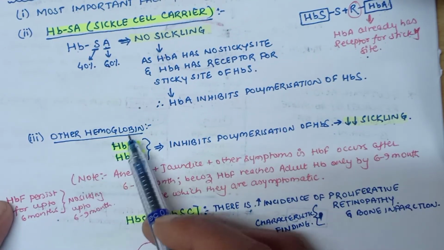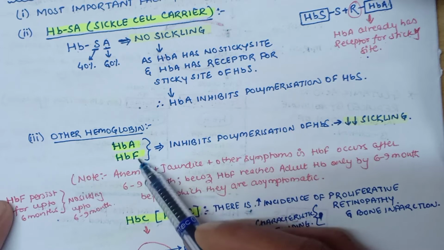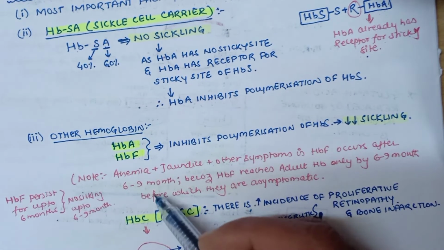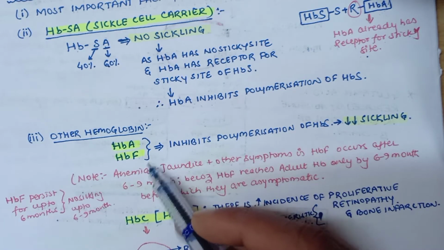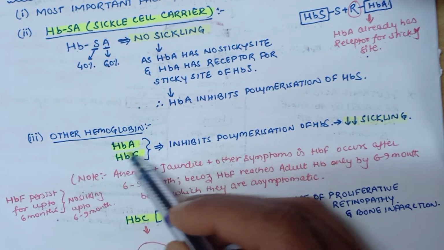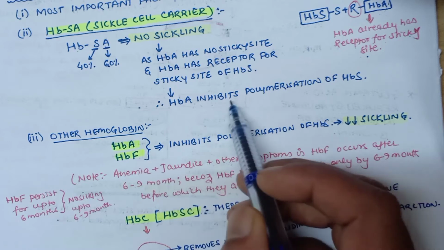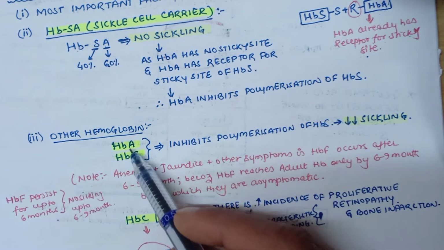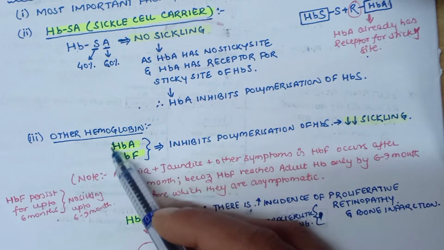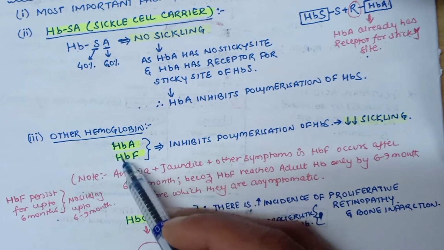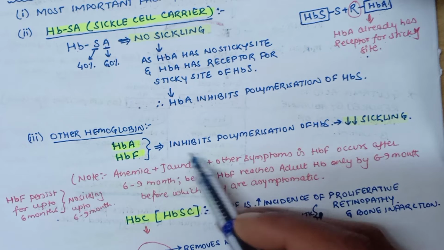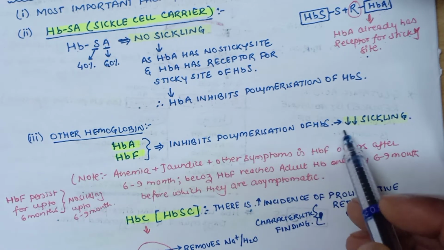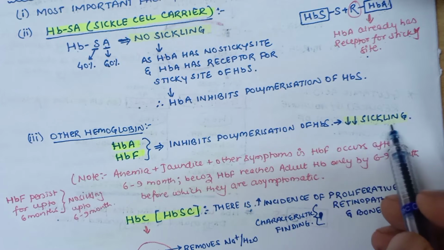Now, other hemoglobins like HbA, HbF and HbC. So what are their effects on sickling? As we have already said, HbA inhibits polymerization of HbS. Similarly, adult hemoglobin and fetal hemoglobin will both cause inhibition of polymerization of HbS. This will cause decreased sickling.